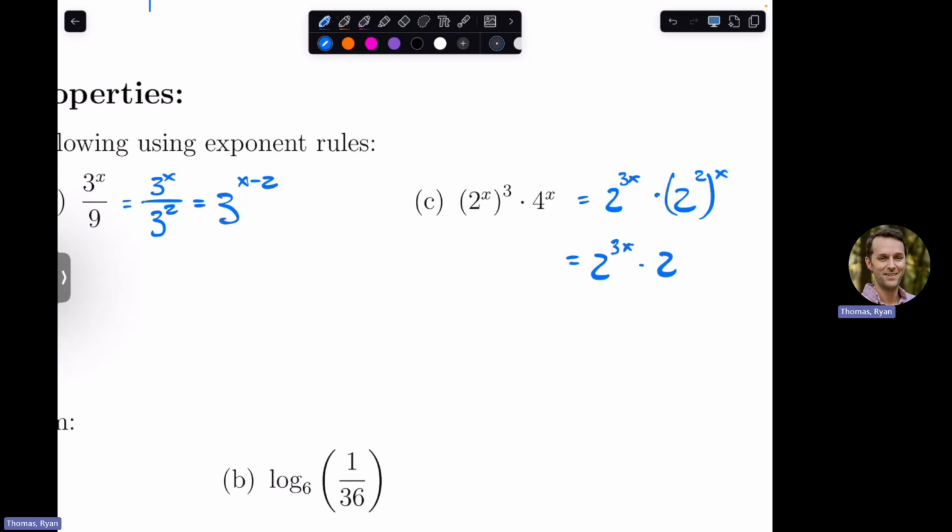So 2 to the 3x times 2 to the 2x, or 2 to the 3x plus 2x, or 2 to the 5x.